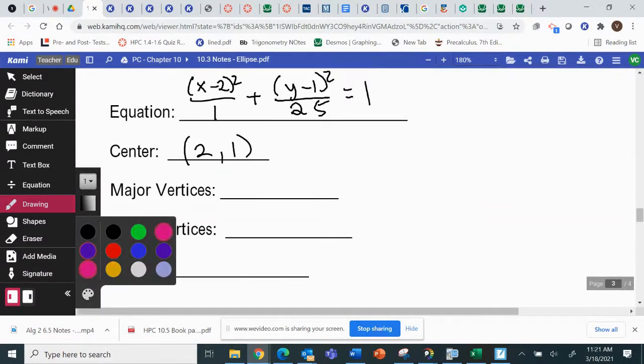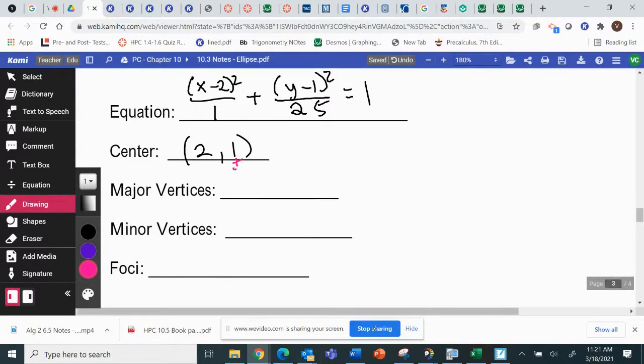My major vertices, I'm going to be adding and subtracting 5 from the y values. My minor vertices, I'm going to add and subtract 1 from the x's.